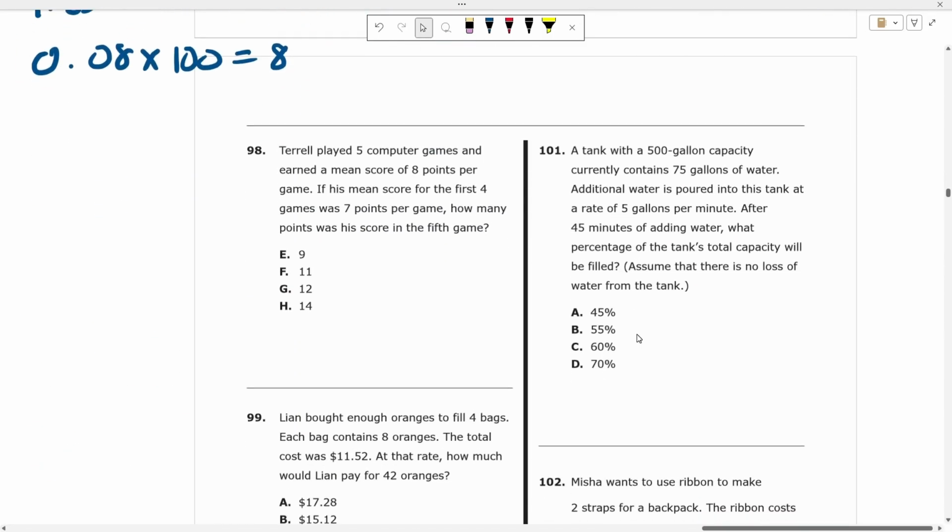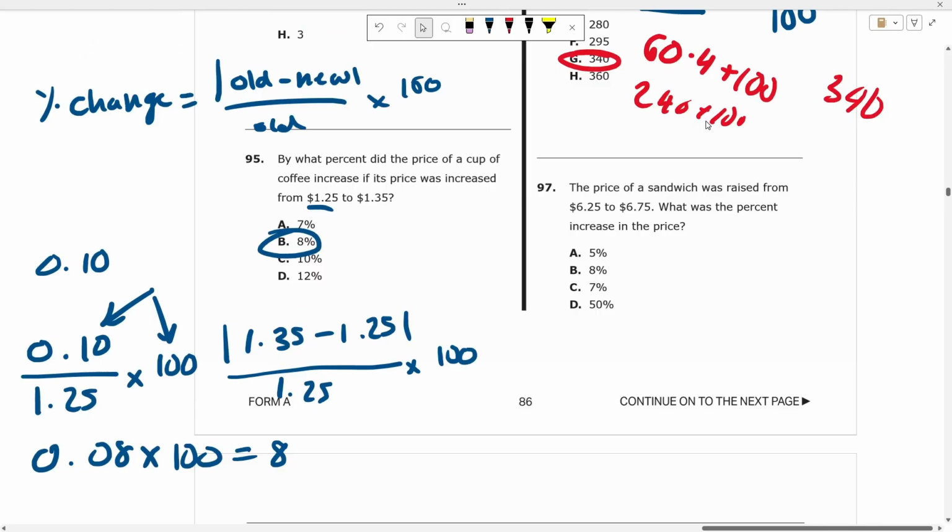Okay, number 97, it says that the price of the sandwich was raised from 6.25 to 6.75. What is the percent increase in the price? That's crazy how they put the same 2 problems directly across from one another. Again, this is probably a sign to remember this formula, that percent change is equal to the absolute value of old minus new over old.